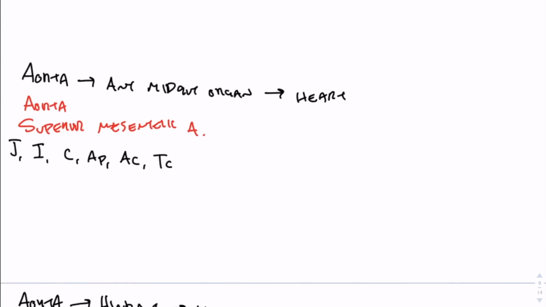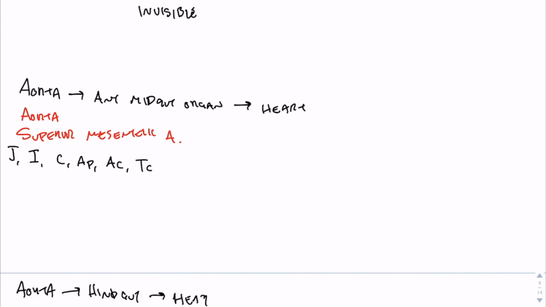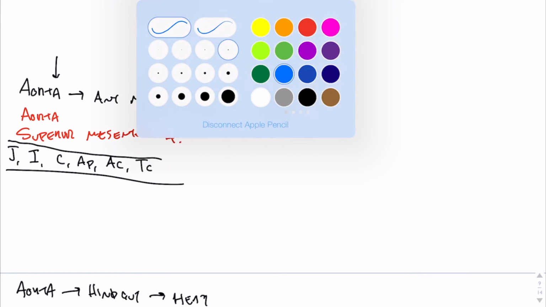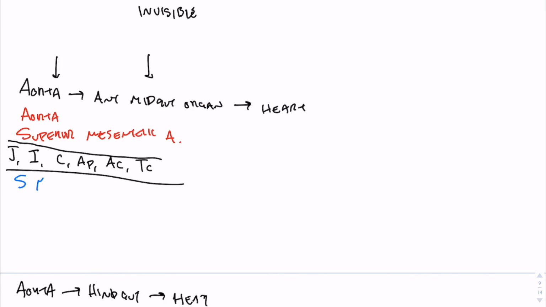Oh, these ones. Okay, so this was going from the aorta to the midgut, and these were representing our midgut organs. So to drain this, you use the superior mesenteric vein. That superior mesenteric vein drains straight into the hepatic portal vein.